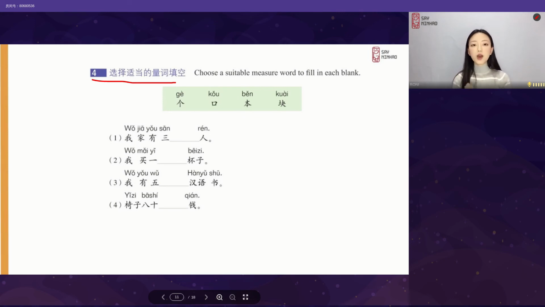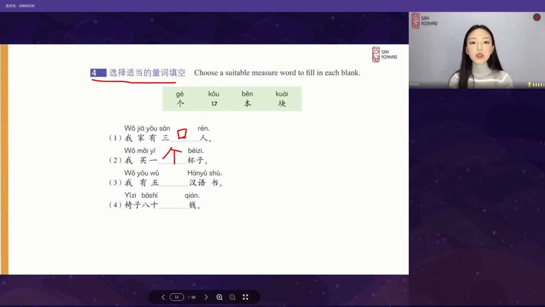First one, 我家有三口人. It means there are three people in our family. So about the family, we will use the 口, right? We will use 口 for the family members. Next one, 我买一个杯子. About 杯子, we can use a general measure word, which is 个.